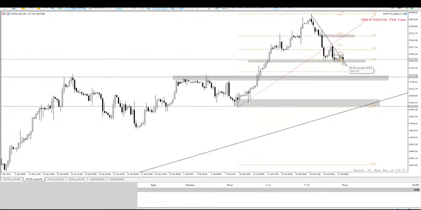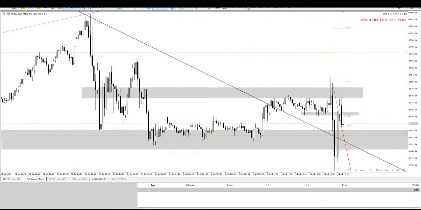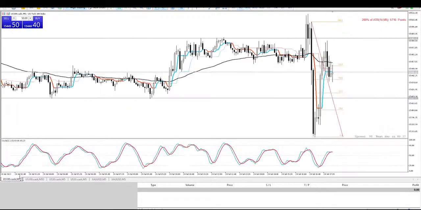On the 4-hour, things are looking bullish here on the NAS, but it is super messy here on the 5-minute.